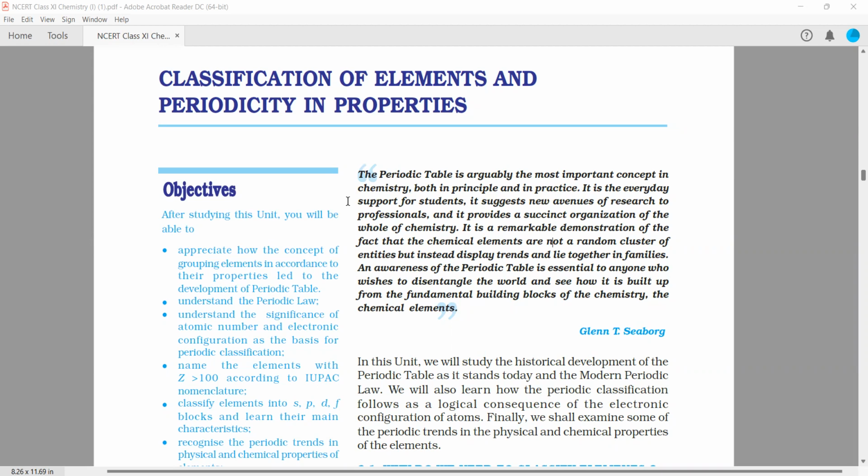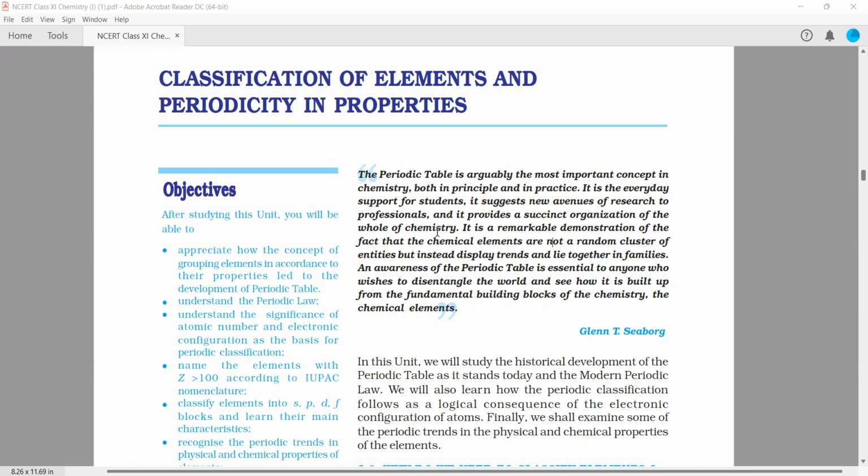But what is the story behind it, and how did someone come to know about it? We'll learn about the person who made it in this lecture: how that person got the idea of arranging the elements in such a way that there is some pattern, some periodicity in their properties.